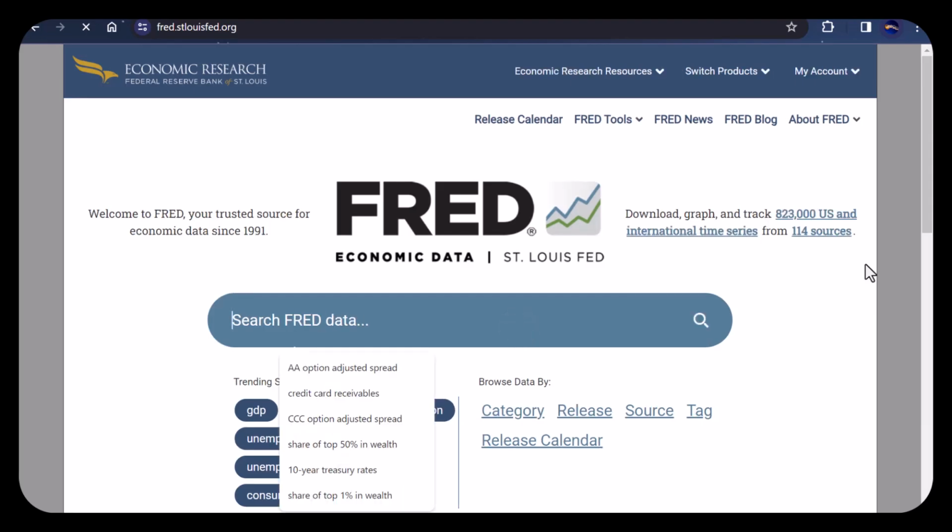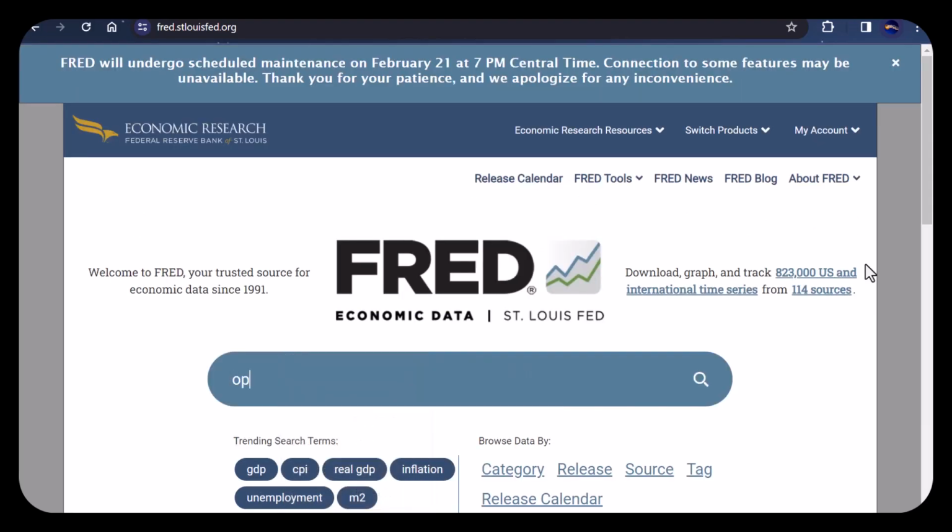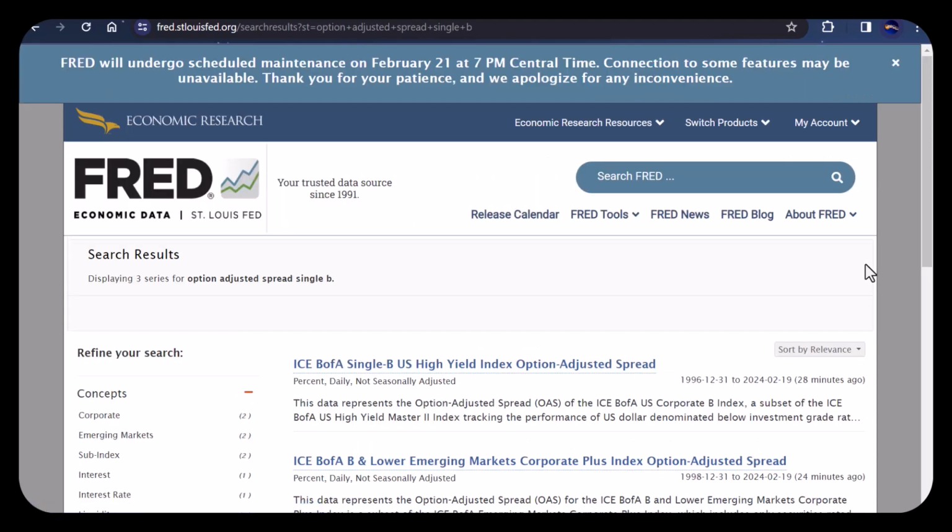I'm gonna search for option adjusted spread for single B. That's kind of roughly what it is. What option adjusted spread is, a lot of corporate bonds have built-in options like callable and stuff like that. This is adjusting for those.